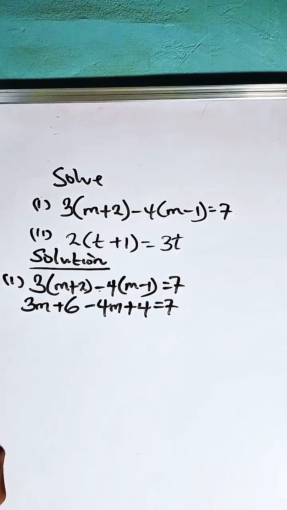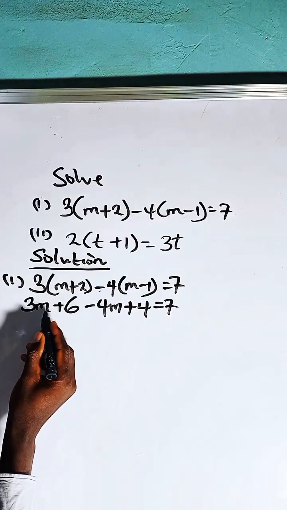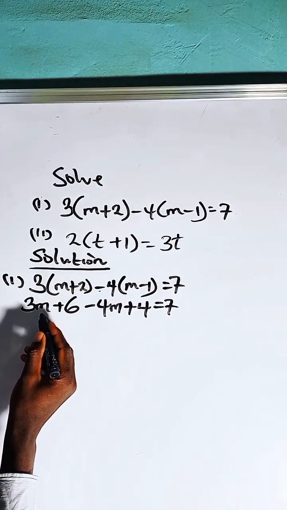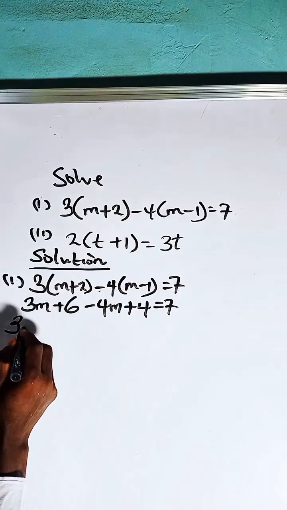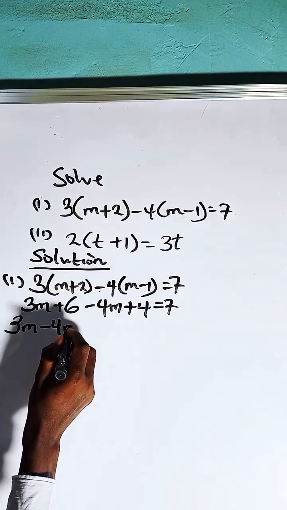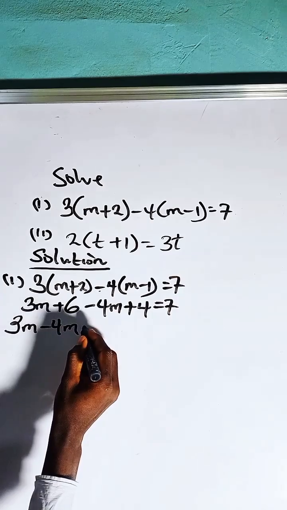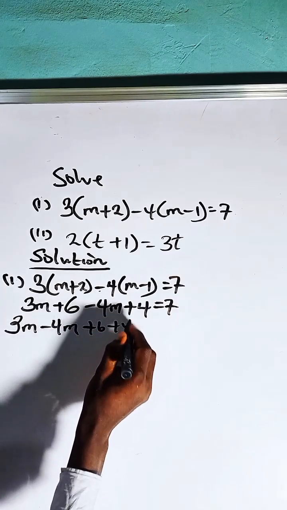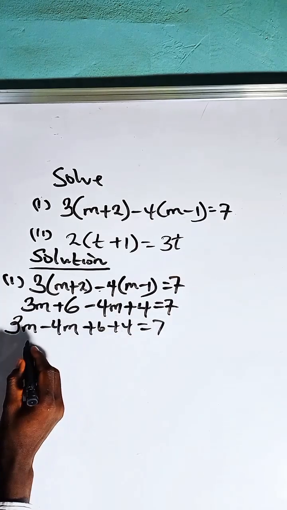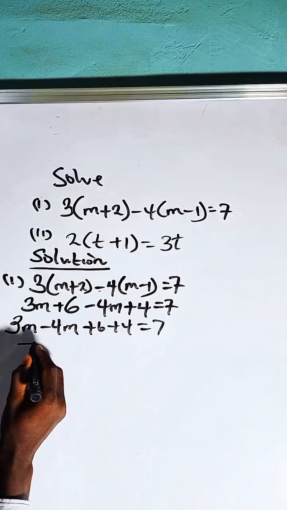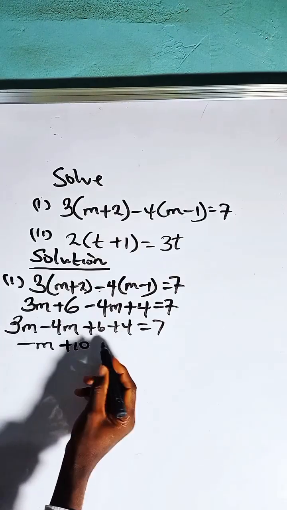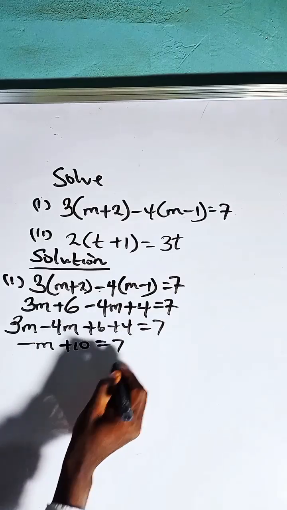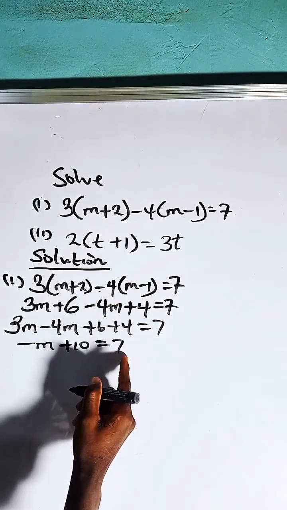So let us collect the like terms. We have terms with m and another term with m. So let's take it as 3m minus 4m, plus 6 plus 4 equals 7. When we subtract this, we have minus m, and this is plus 10, which is what we have on the left.